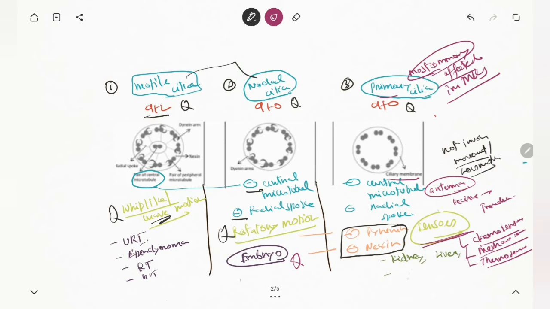Most common sites where you see these are the olfactory epithelium, photoreceptors, kidney, liver, bones, and cartilages. So primary cilia are involved in sensing, and based on their function they may be classified as chemosensor, mechanosensor, thermosensor.